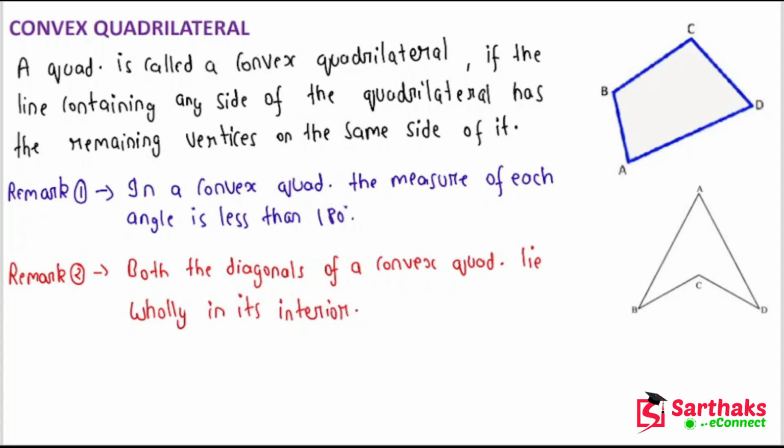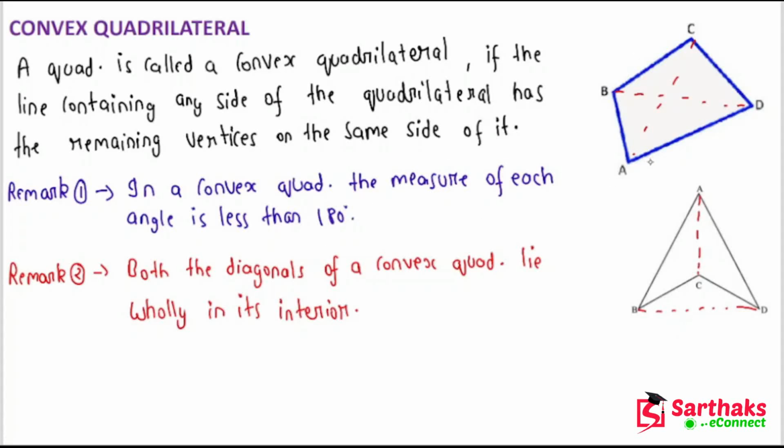Both the diagonals of a convex quadrilateral lie wholly in its interior. Now you can clearly see if I make the diagonals, then both the diagonals AC and BD lie inside it. But when I try to make diagonals here, the diagonal AC will lie inside, but the diagonal BD is on the outside of the quadrilateral. You can clearly see when I join the opposite vertices, AC is well inside the quadrilateral, but diagonal BD is outside the quadrilateral. That is why it is concave and this is convex.